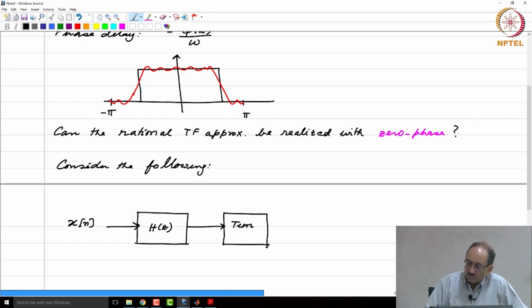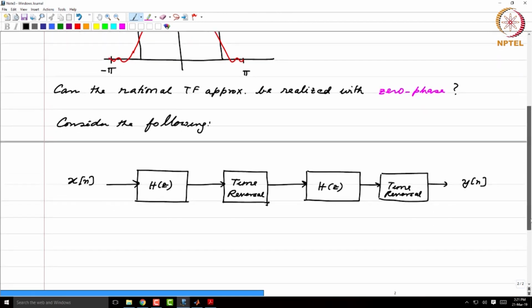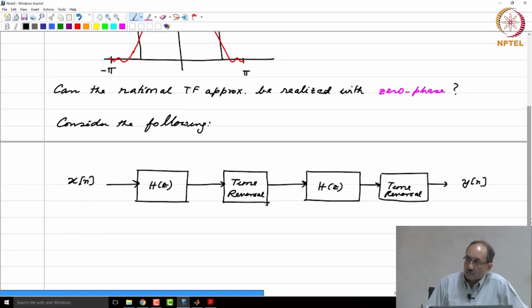Then you do time reversal, then you pass it through h of z once more, and then you do time reversal once again, and then you get the output y of n. Now, let us see what is the consequence of these series of operations.